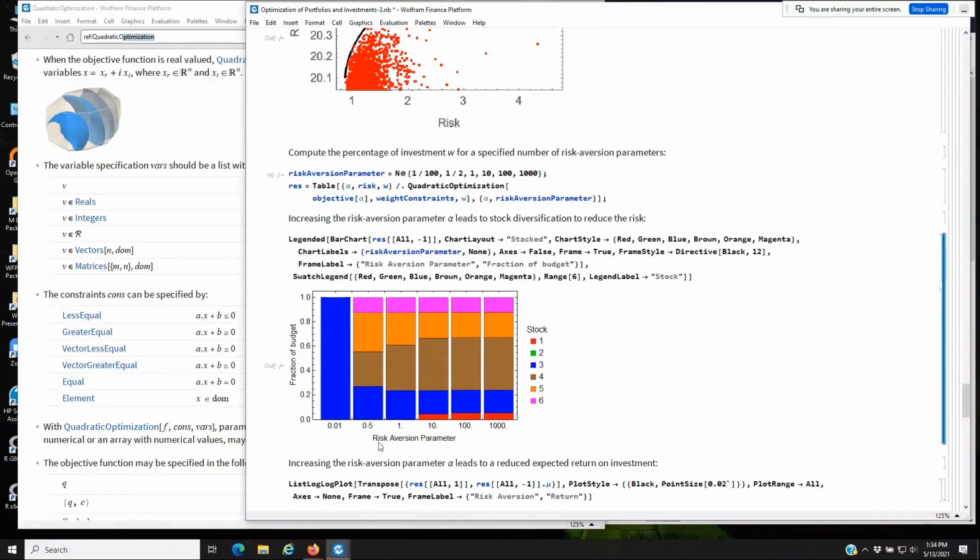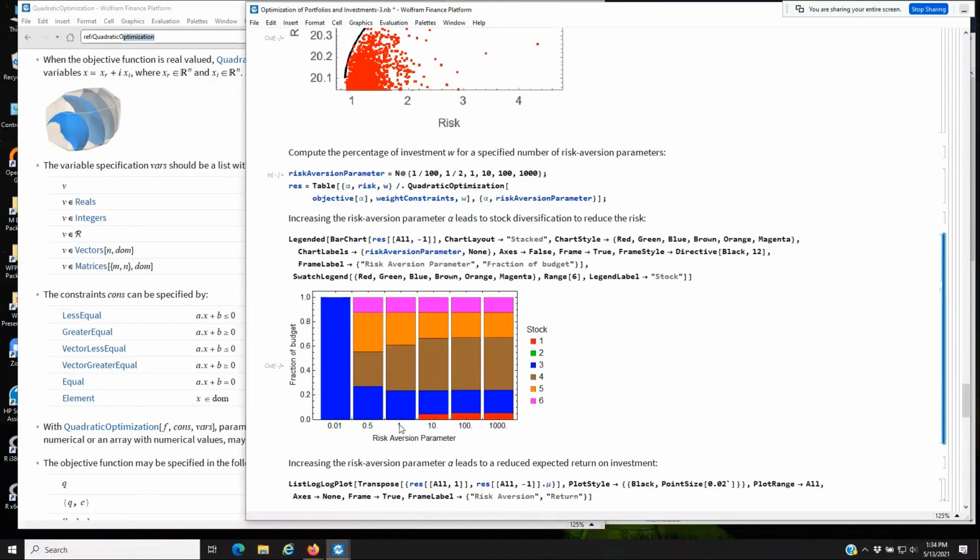But as we become more and more risk averse, we'll realize that we're essentially putting all of our eggs in one basket. It's great when it's going up, and then it's terrible when it's going down. So you don't want to be in that situation.